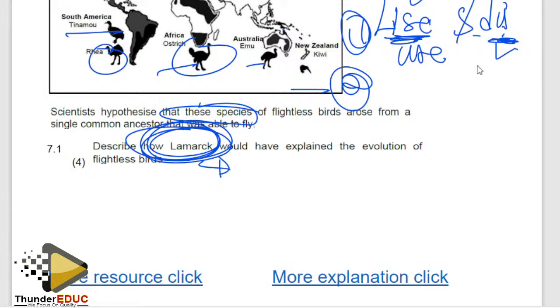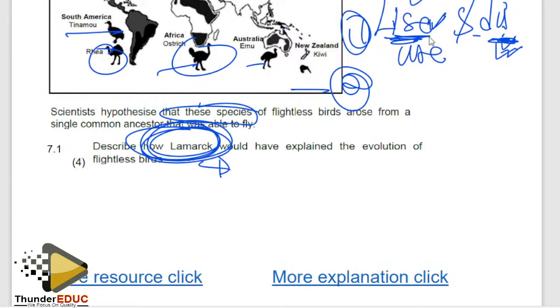What if they ask you a question like, how did the elephant come up with the long trunk? At first, all elephants had short trunks. The elephants started to use the trunks to get water and defend themselves frequently. So in this case, they are using it. They are not disusing it.